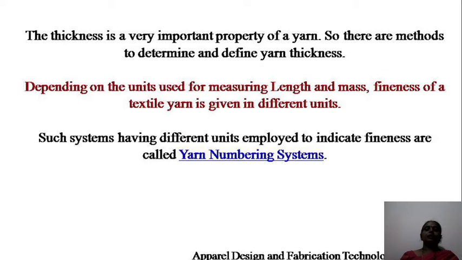Such systems having different units employed to indicate fineness are called yarn numbering systems. So this important property, whether the yarn is coarse or thick, you can find out by using the yarn count.